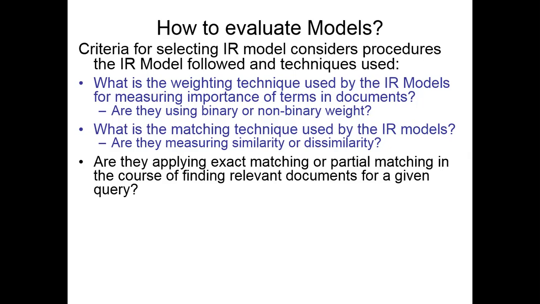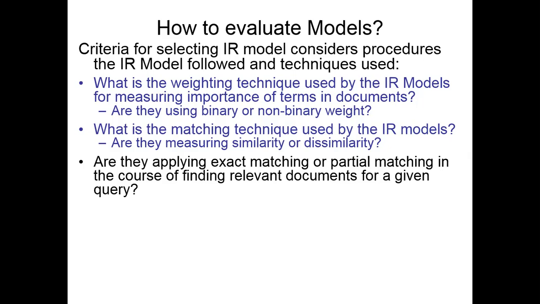The IR system has to identify, using the similarity measurement or the matching technique, documents that contain at least one query term. So it is trying to identify a document containing one query term, two query terms, three query terms, n query terms.